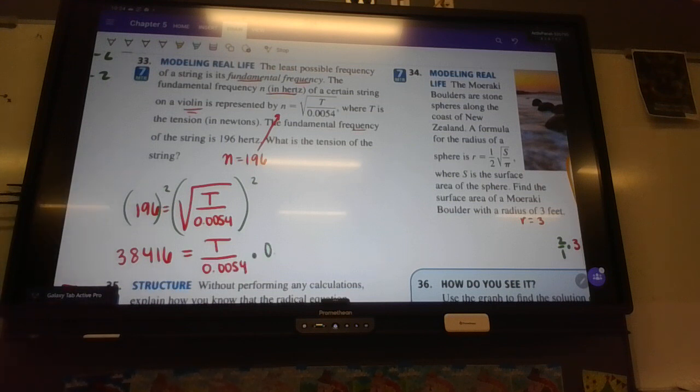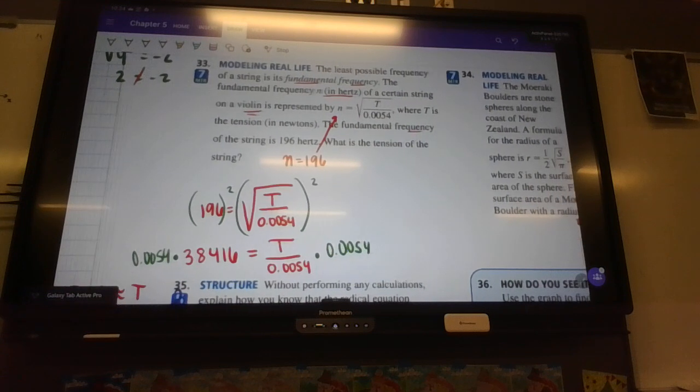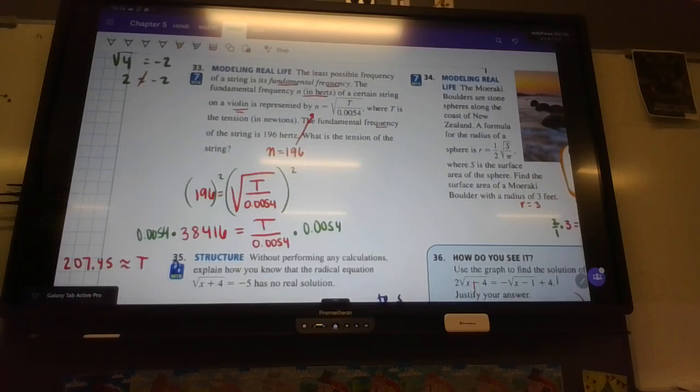And the last thing to do would be to multiply by that denominator. That cancels it. And then we get to T equals 207.45. So I'm going to answer in a complete sentence.